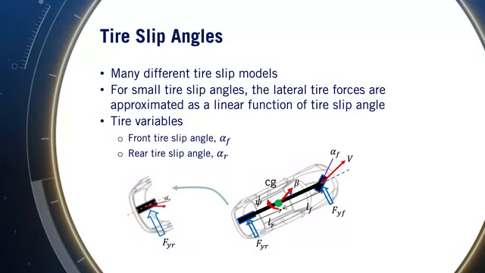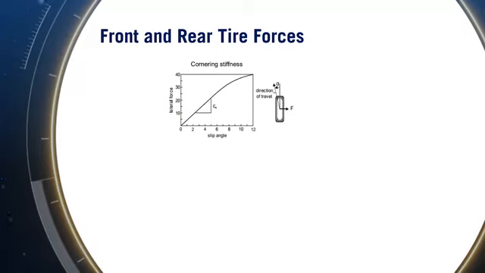In order to use these linear tire models, we need to define the front and rear side slip angles alpha f and alpha r. They are defined in exactly the same way as the vehicle slip angle beta, but are defined relative to the direction of the wheel and the vehicle velocity at the wheel center. The cornering stiffness of a tire is defined by its ability to resist deformation while the vehicle corners.